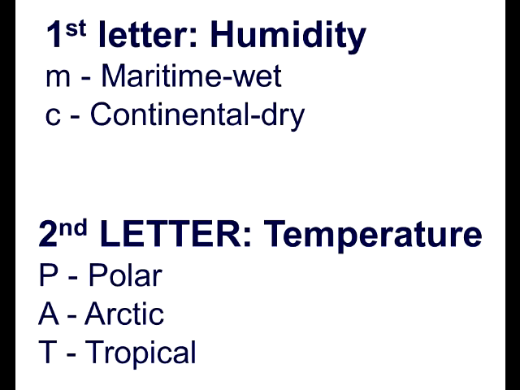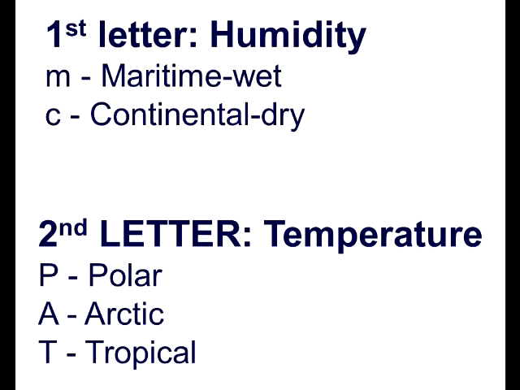The first letter refers to the humidity of the air mass and states whether it originated over an ocean or a land mass. M stands for wet or maritime air. C stands for dry or continental air. The second capital letter refers to the temperature of the air mass.